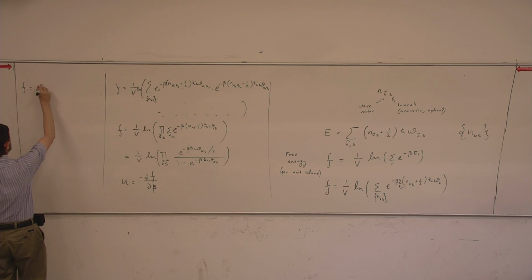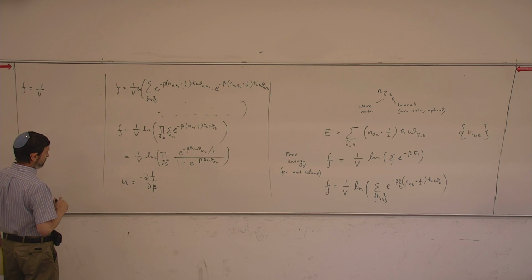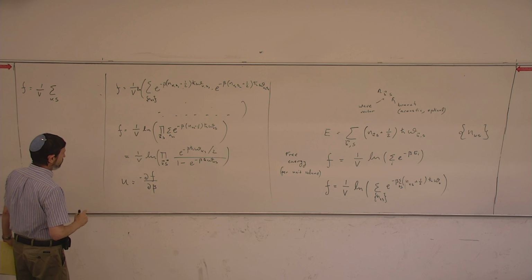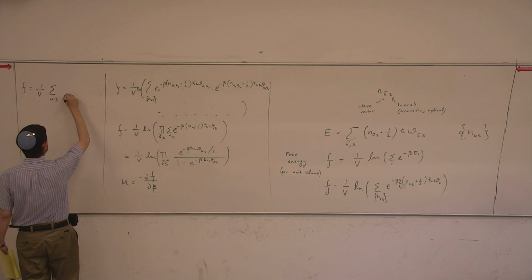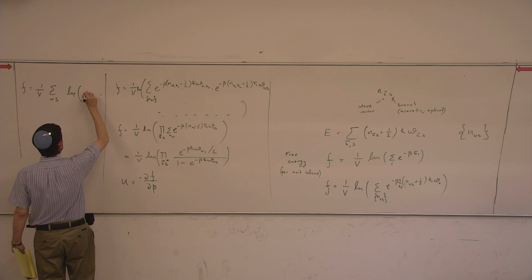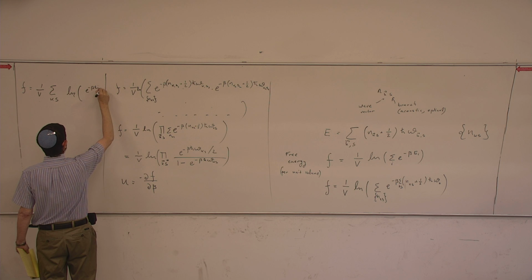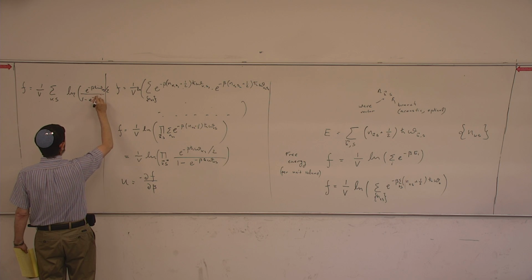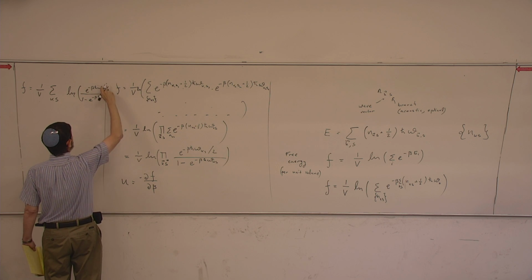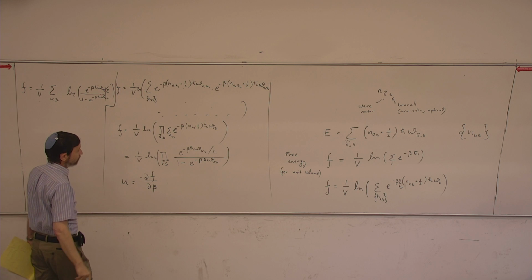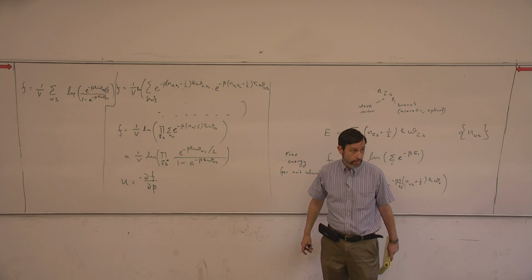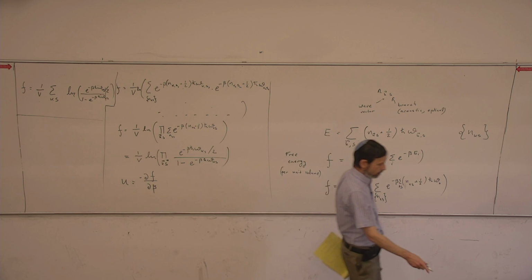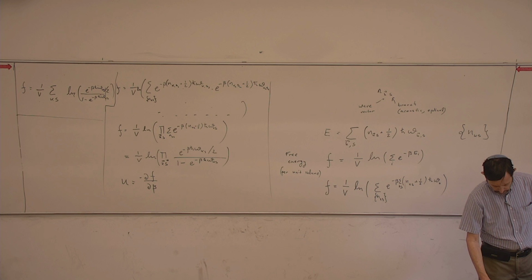F is equal 1 over V summation of K and S. So let me write a sidebar just to do the derivative.